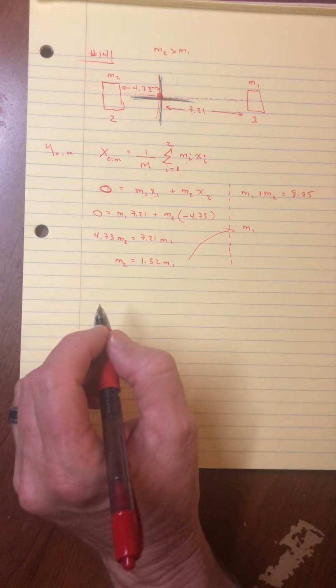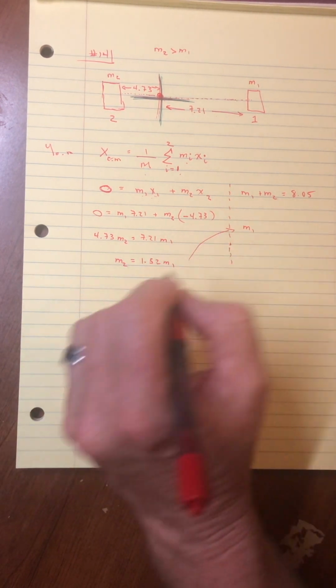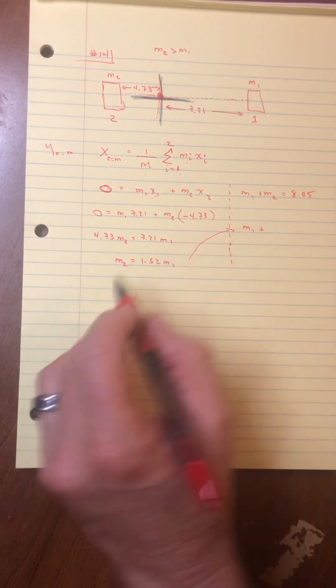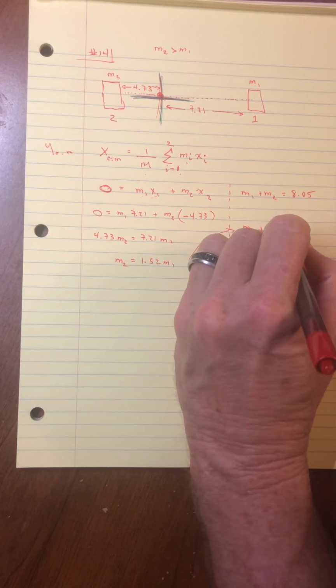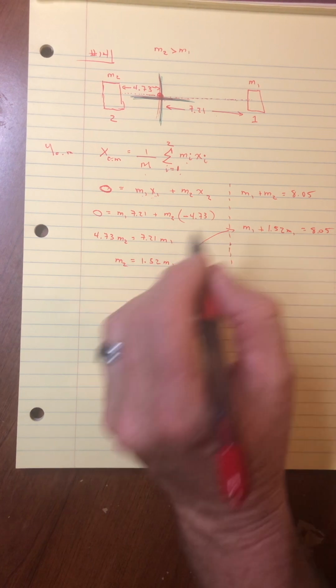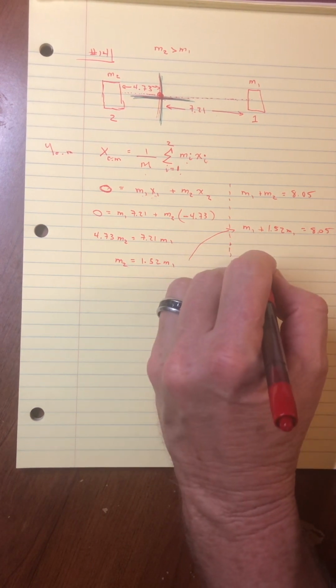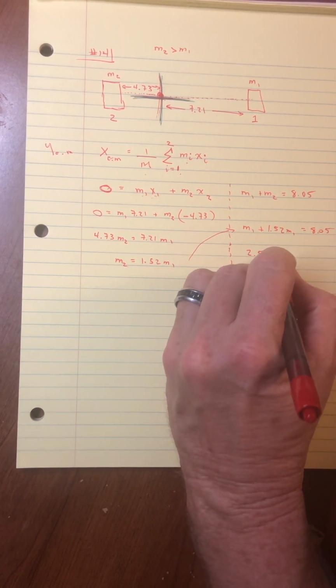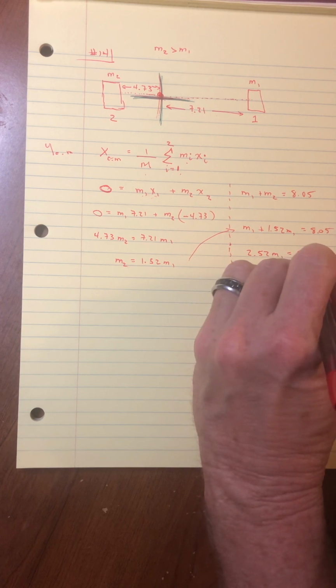So M1 plus M2, which equals 1.52 M1, 8.05. And now if I add these two together, that'd be 2.52 M1 equals 8.05.